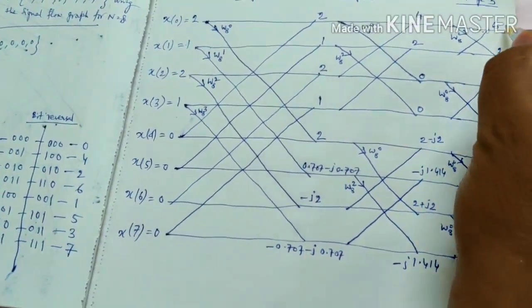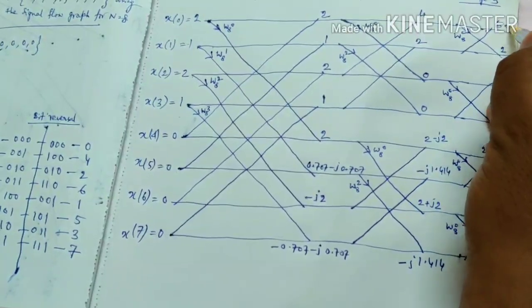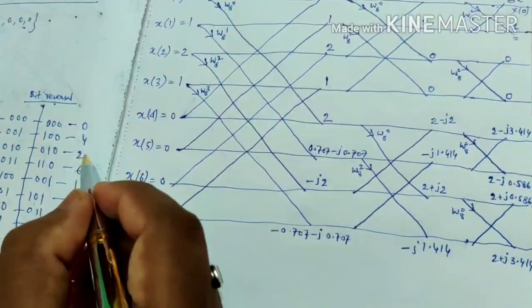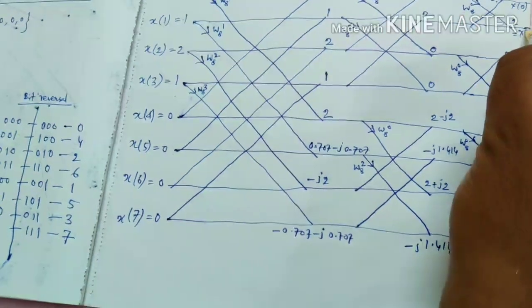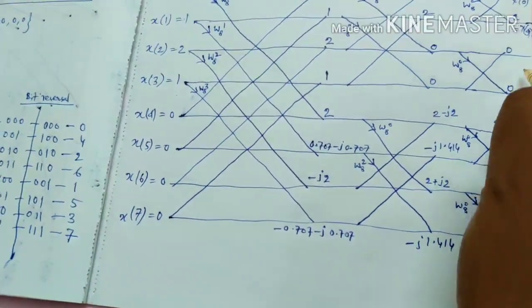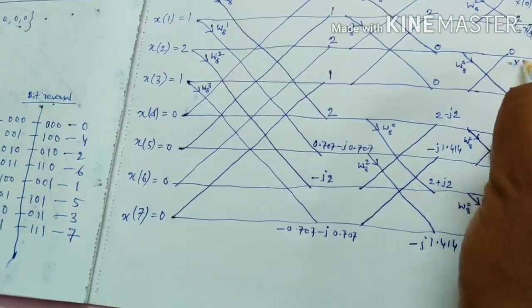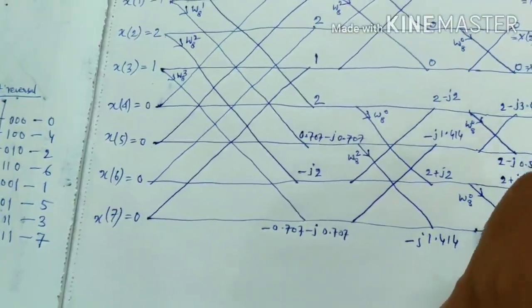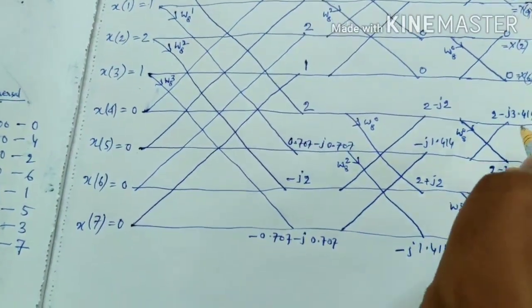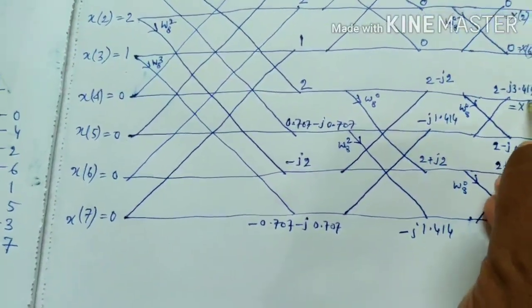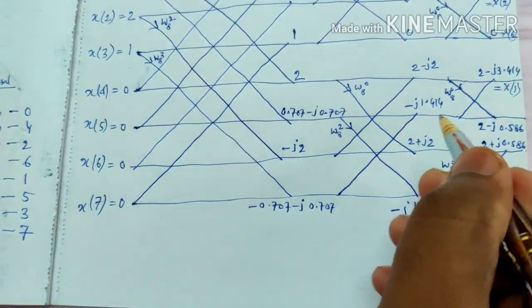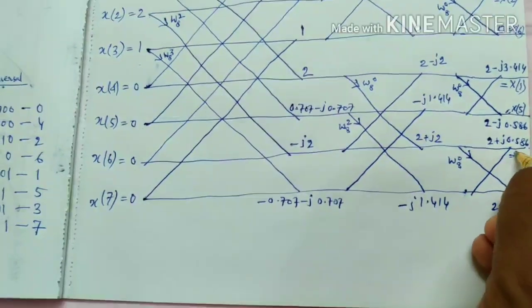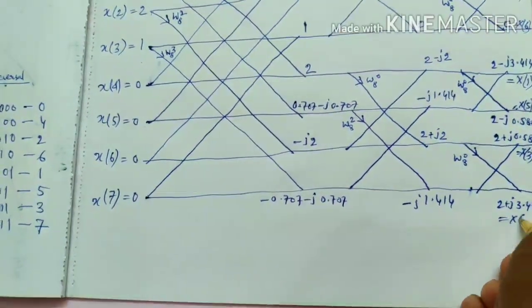So starting with that 6 value, that is x0, then x4, x2, x6, x1, x5, x3, x7.